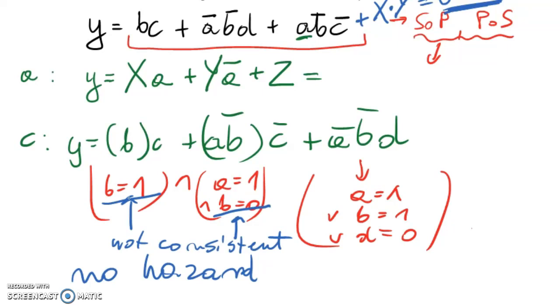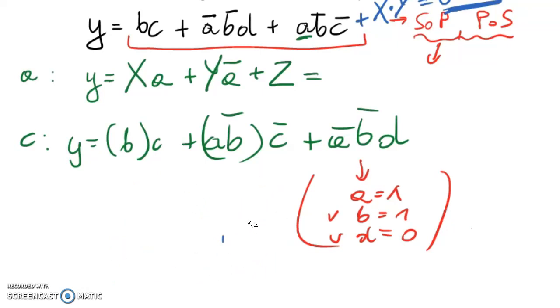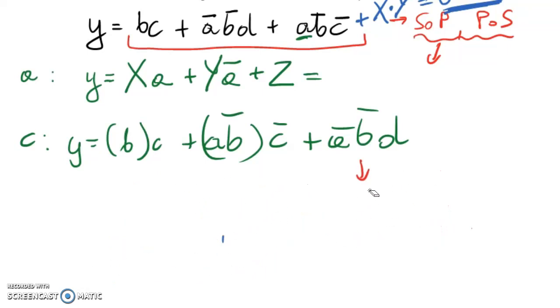All right. So the last variable, the last input, is input D. And by observing that you don't have not D, there is only D here.